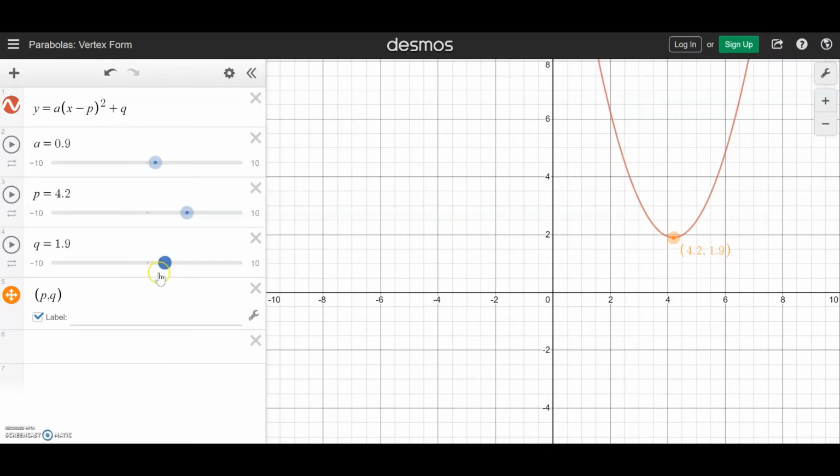So this is the same sort of transformations that we've examined with trig functions, and we're going to look more at graphing quadratic functions in the next video. But next we're going to look at how to change an equation from general form into vertex form by completing the square.